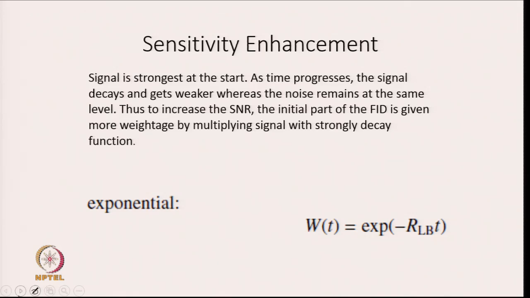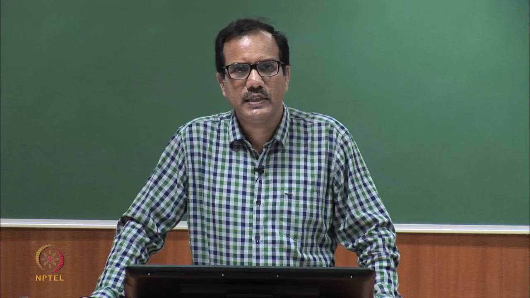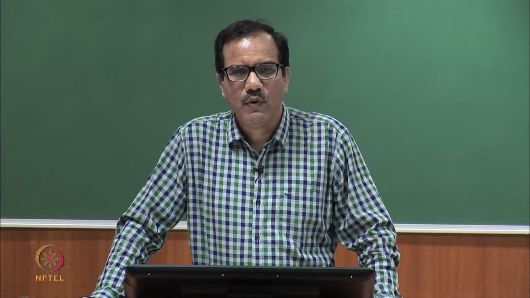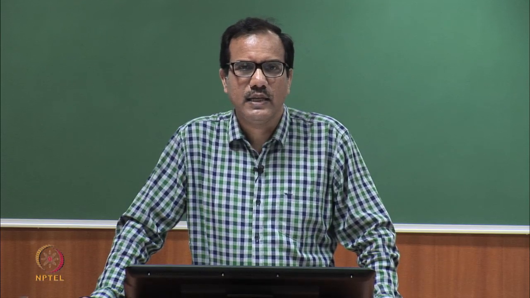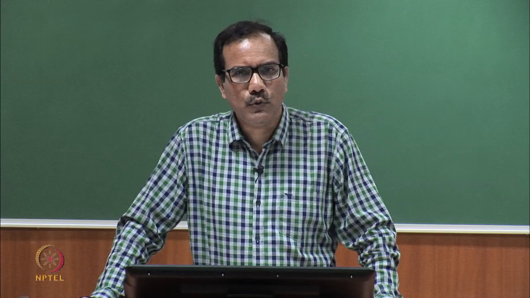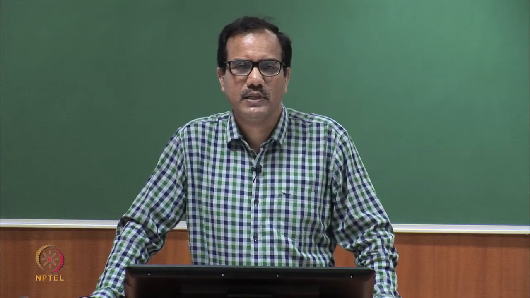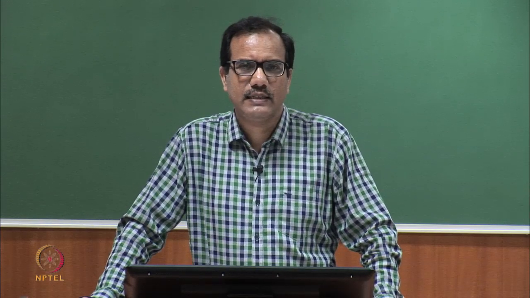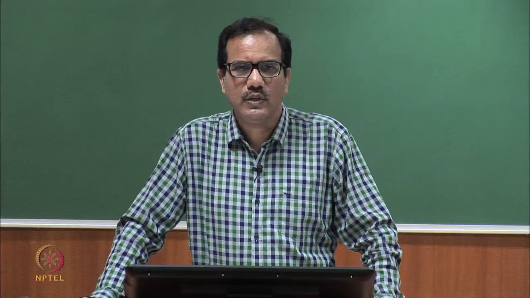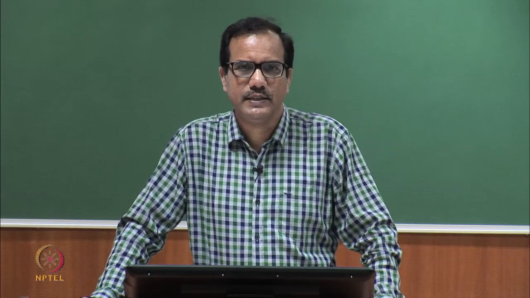So, these functions are called window functions, and for sensitivity enhancement we should use a window function which is a strongly decaying function. What it does is that it will give more weightage to the initial part of the FID and very less weightage to the later part of the FID.